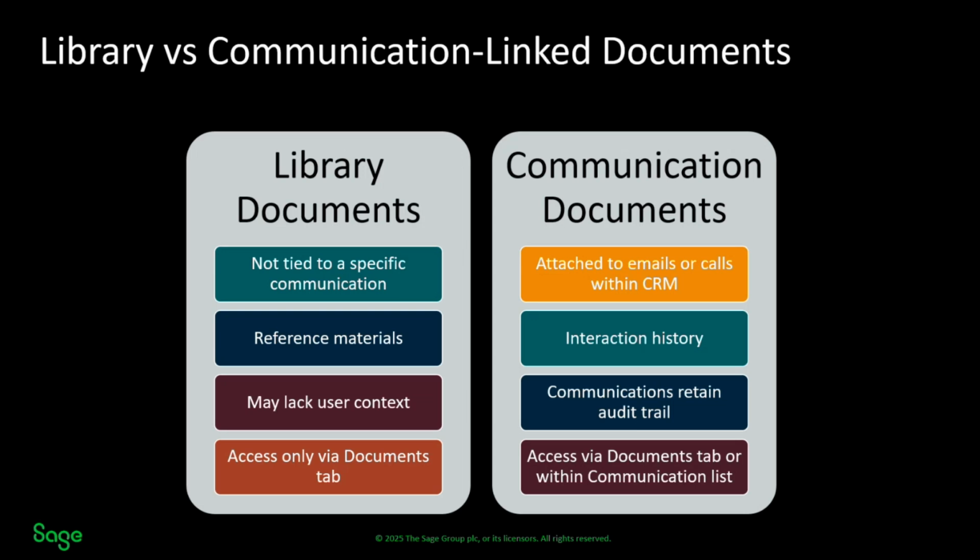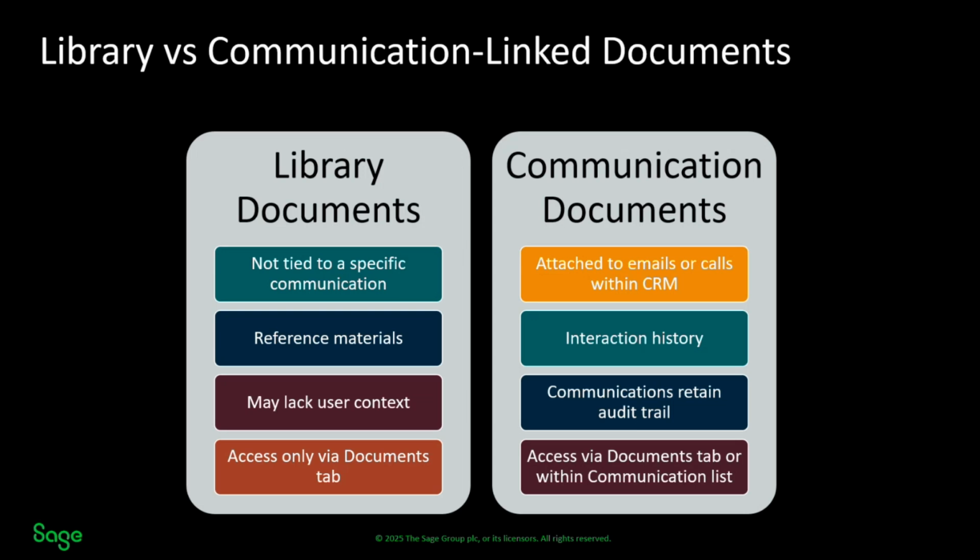They're going to be used perhaps in multiple communications, but not actually wanting to store them as only associated with a particular communication. They mean that they lack some user context because they're just there. They will know who created them, but it won't know why necessarily unless you put the description into the document. And those reference documents are then only available via the Documents tab.